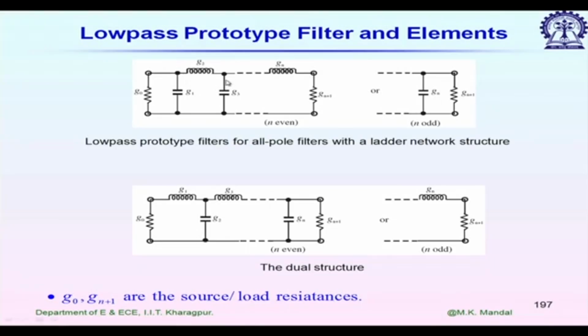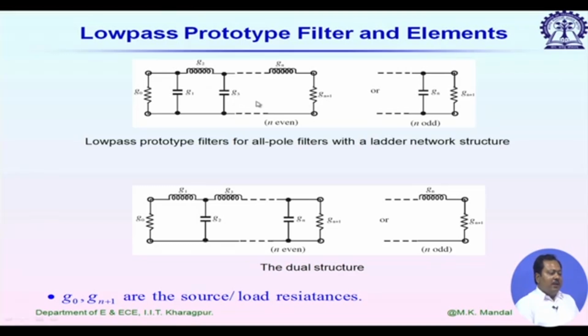The basic low pass filter configuration can be a pi type or a T type configuration. In this case we are showing both of these two different types. In the first type, a basic pi type, you can see two capacitors separated by one series inductor. Now, these elements are usually represented by their normalized values, which we call G parameters, G1, G2 to G3.